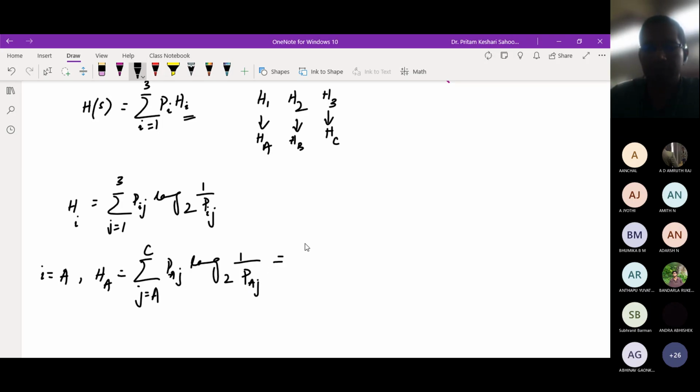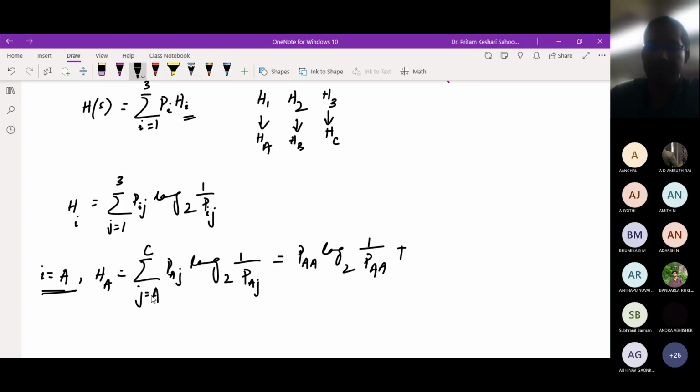On expanding, we can write P of AA log base 2 of 1 by P of AA, plus the next value of j will be B, but the value of i will not change because we have considered A. So for that case we are calculating HA. Only j is changing in this summation.